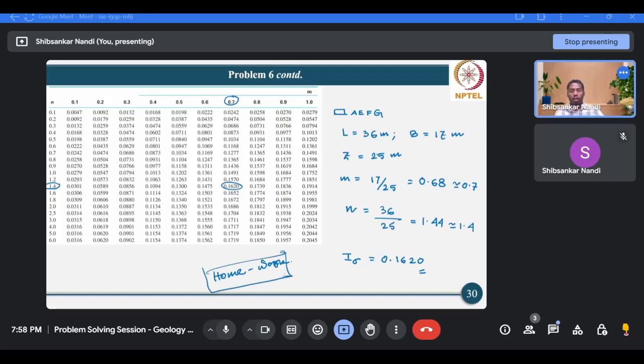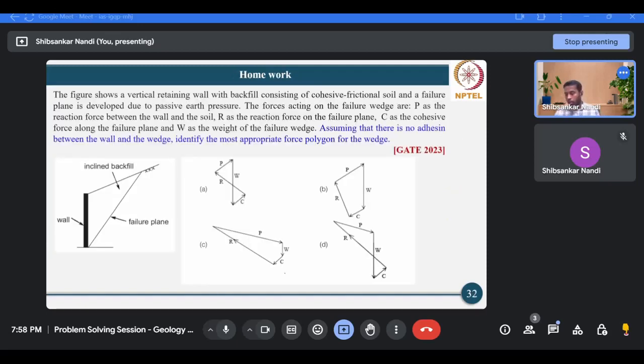And the last homework that we'll take from this session is a GATE problem. The figure shows the vertical retaining wall with backfill consisting of cohesive frictional soil, and a failure plane is developed due to passive earth pressure.